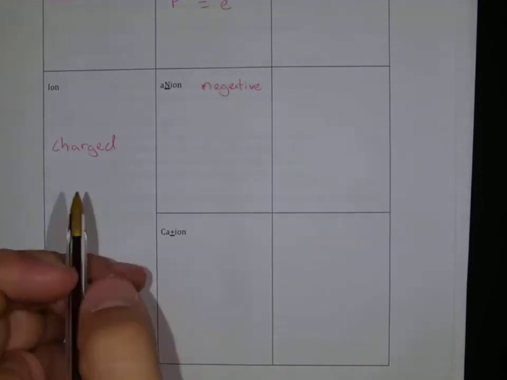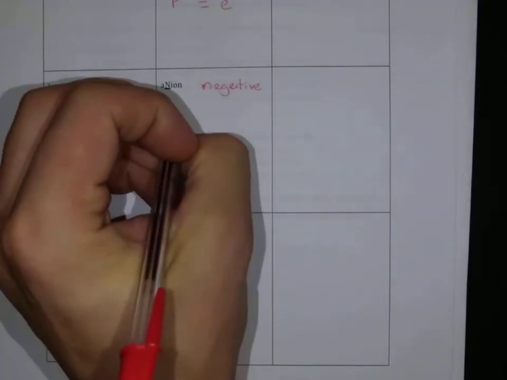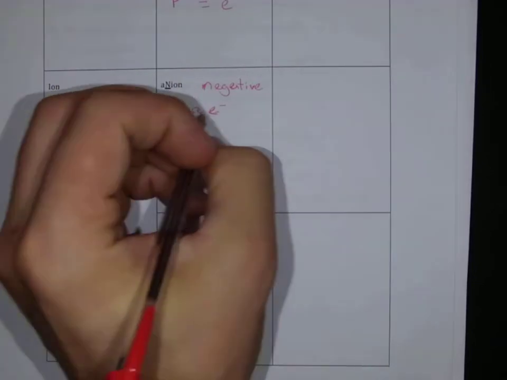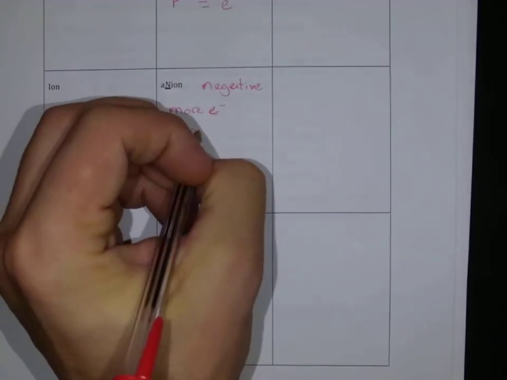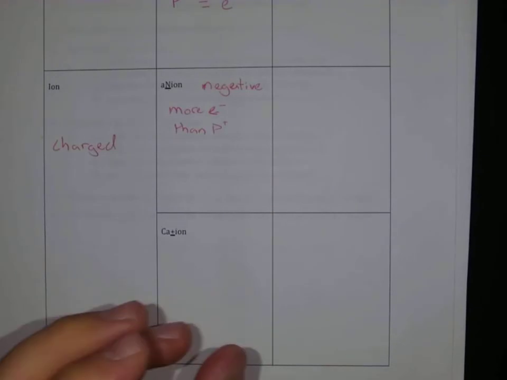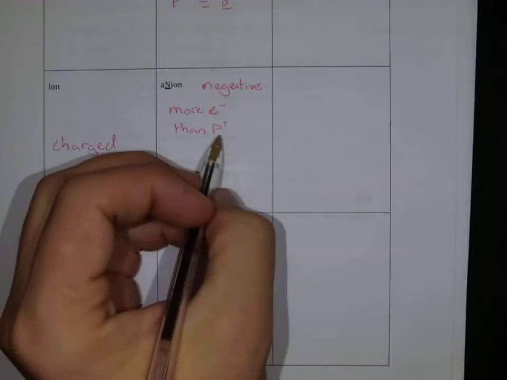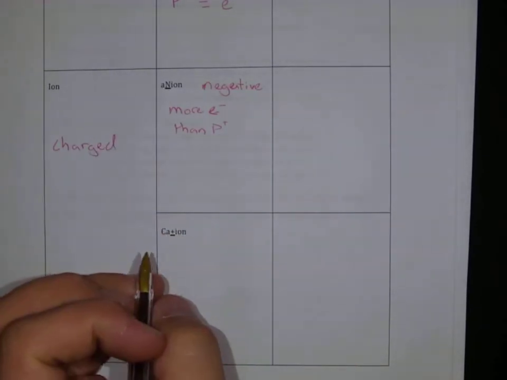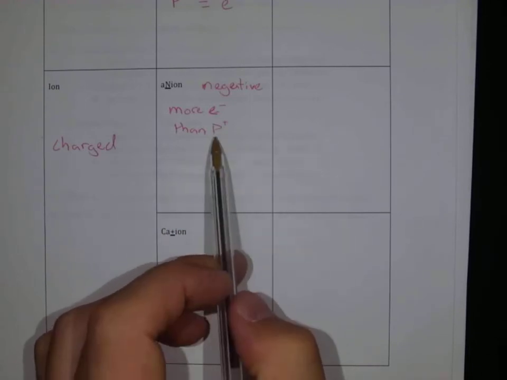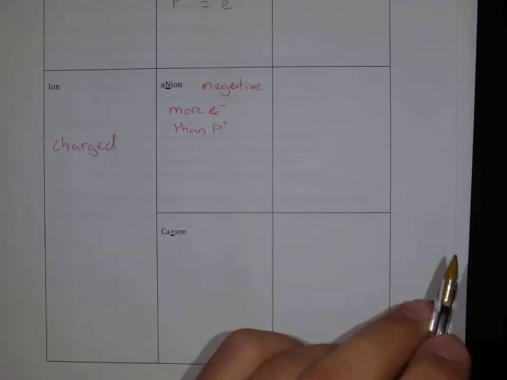It's negative. There are more electrons than there are protons. Okay? So whatever atom we have, we can't change the number of protons because the protons determine the element, but it maybe has gained an electron.